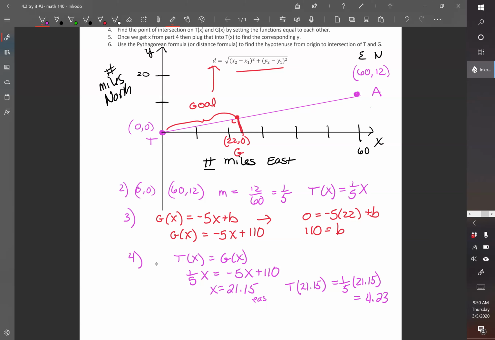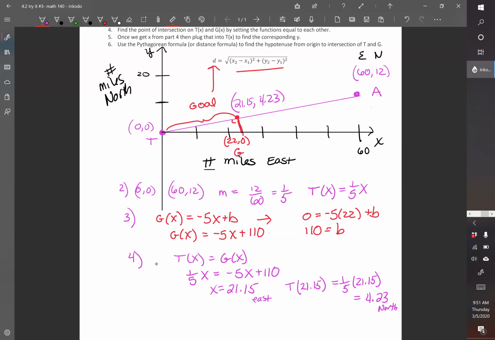So this is our miles east, and this is our miles north. So that's what this point right here is going to be: 21.15, comma 4.23. And once we have that point, we can use our distance formula and just plug in the values.